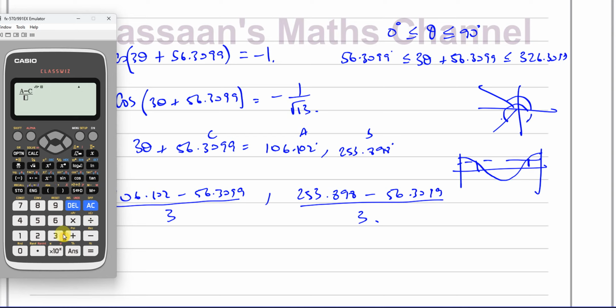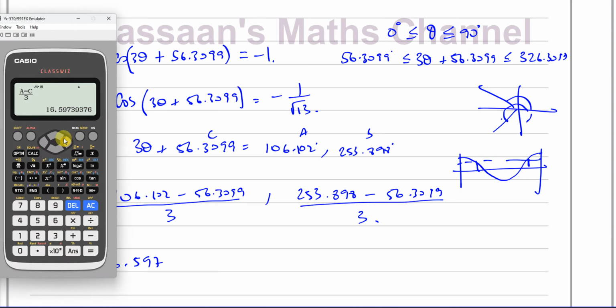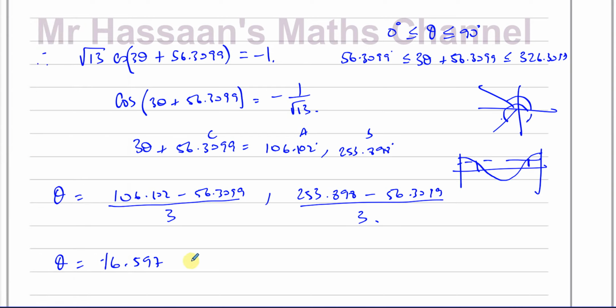And that gives 16.597. And then I just have to change the A for B now. So this is going to be B now. Yep. And that gives us 65.863.